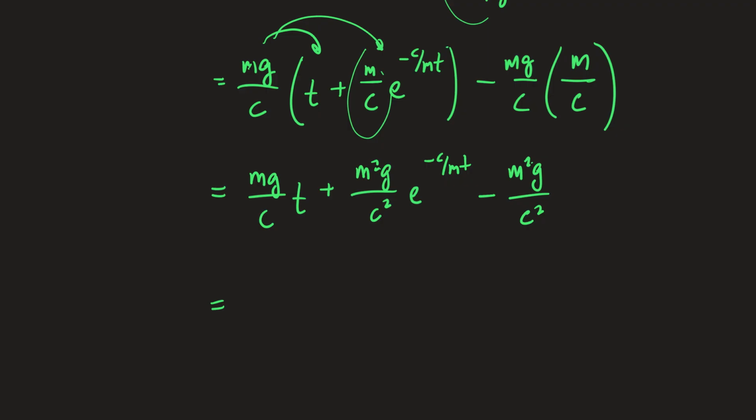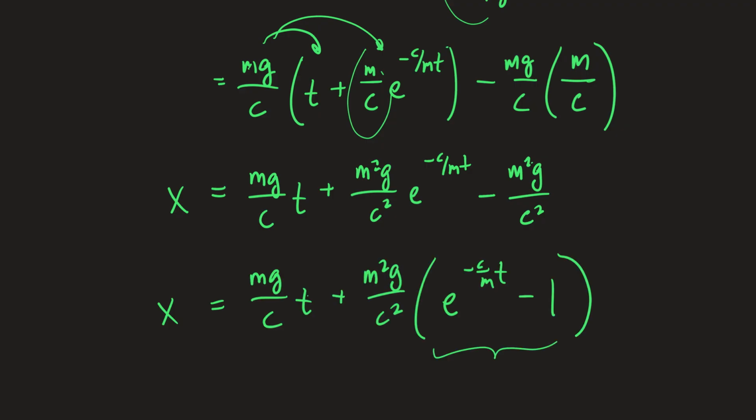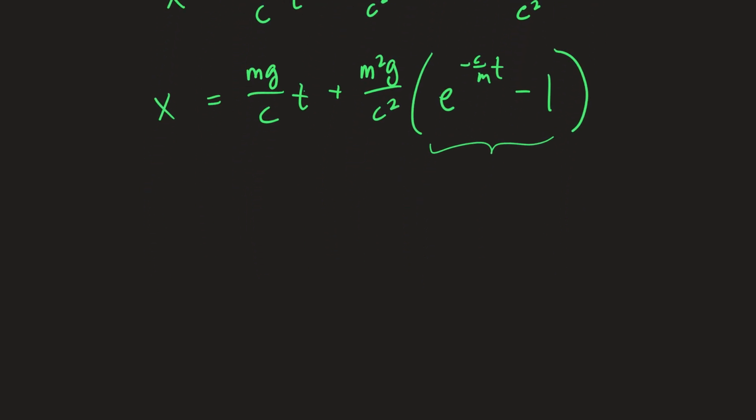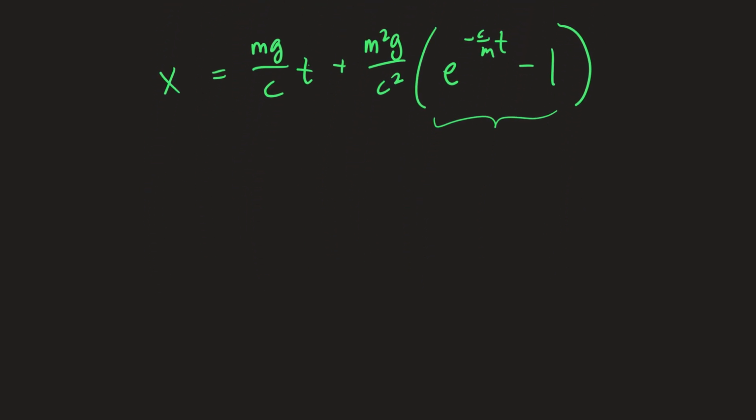Now again, you would have been fine if you left it here, but I like this term to be exposed so we can look at it, because this is what controls what we're seeing. It controls our function. Everything else is mostly a bunch of constants. So I want to see what our function looks like, and that's the best way I think to do so.